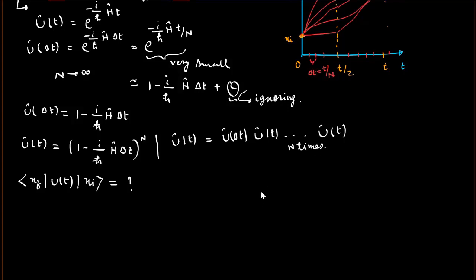Okay, now we also know that the integration of |x><x| dx, the state vector projector, is equal to the unit operator. Okay, so I can introduce this thing here, everywhere, like this, in between these evolution operators.